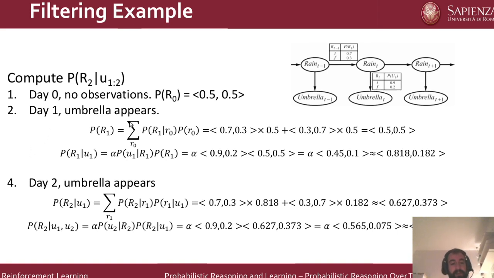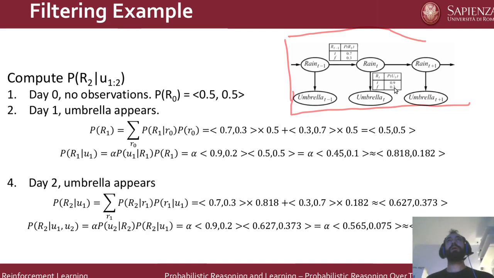So let's look at one example here. We're considering again our dynamic system of rain and umbrella, where you are in a room where you don't see outside, and the only thing that you see from outside is a person who enters the room with or without an umbrella, and you want to know whether it's raining or not outside.